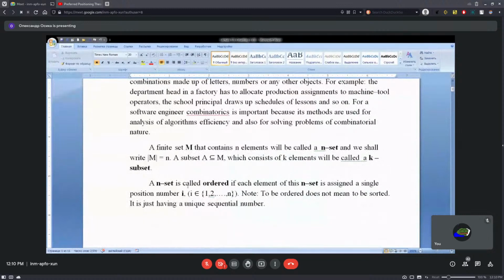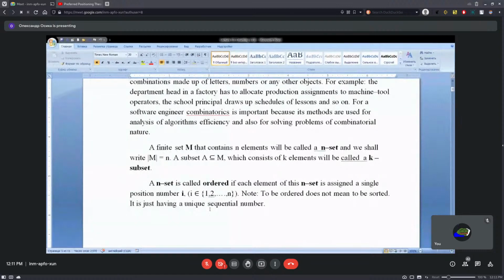An n-set is called ordered if each element of this n-set is assigned a single position number i, from 1 to n. Note, to be ordered does not mean to be sorted.